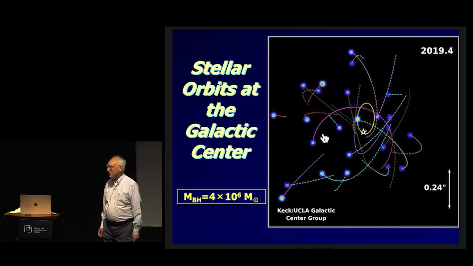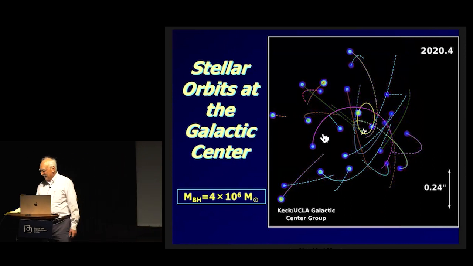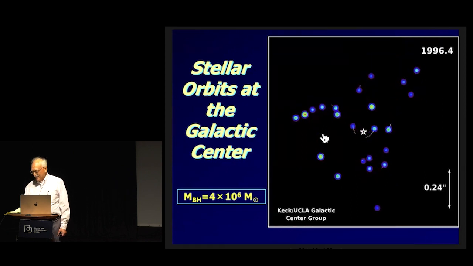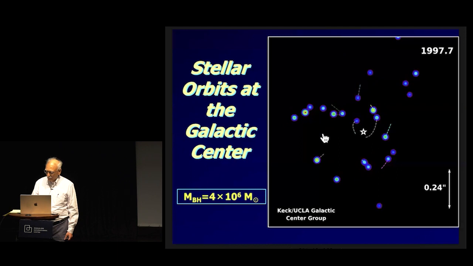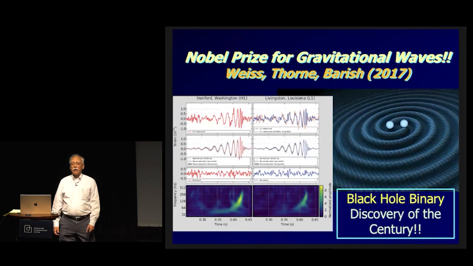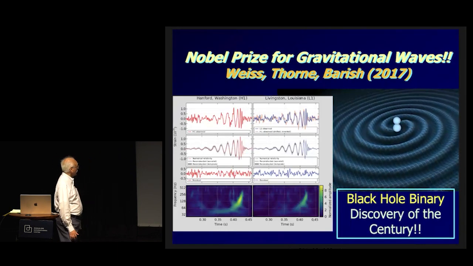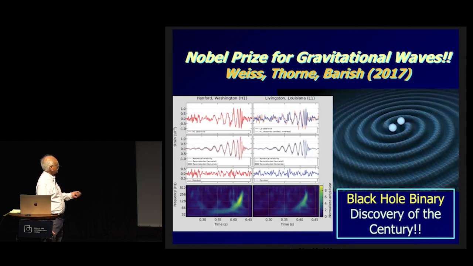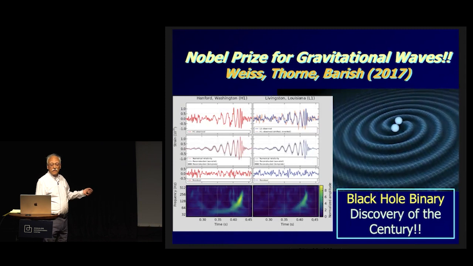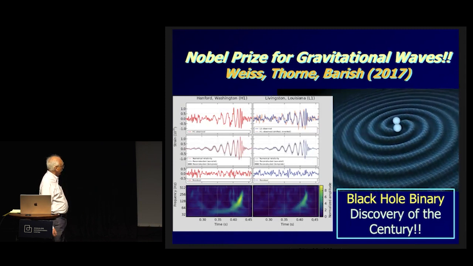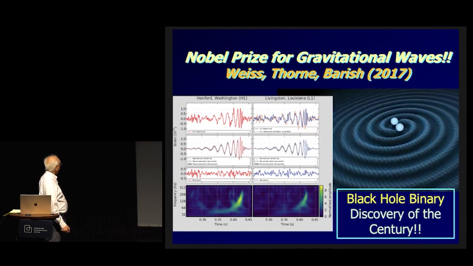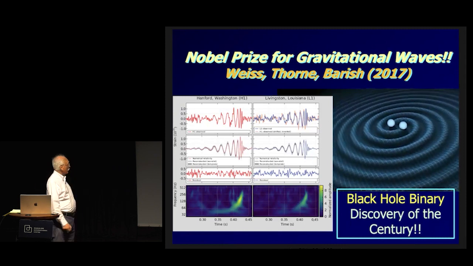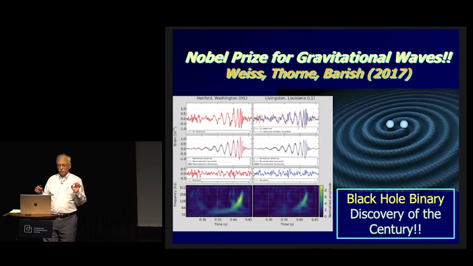Okay. So, this is a whole topic in itself, and maybe somebody has given a talk on this at some point. This is another Nobel Prize, right? This is the Nobel Prize for gravitational waves, which was given in 2017 for this amazing discovery by LIGO, a laser interferometer experiment, which discovered gravitational waves.